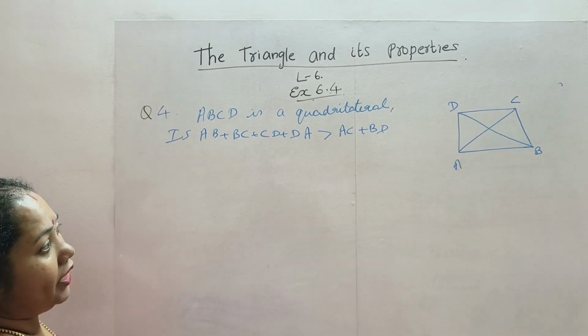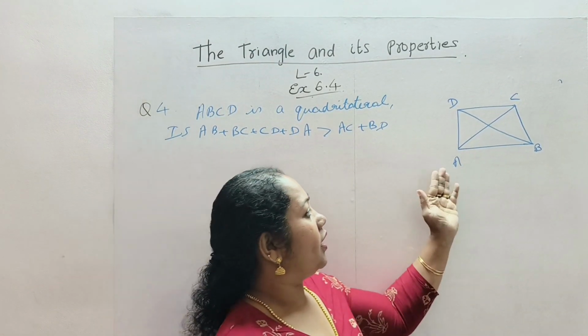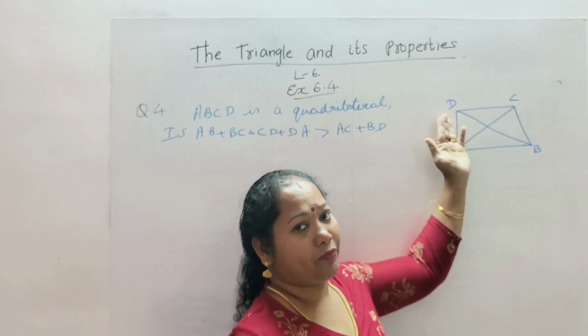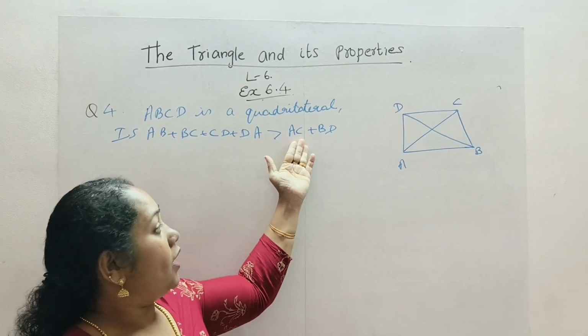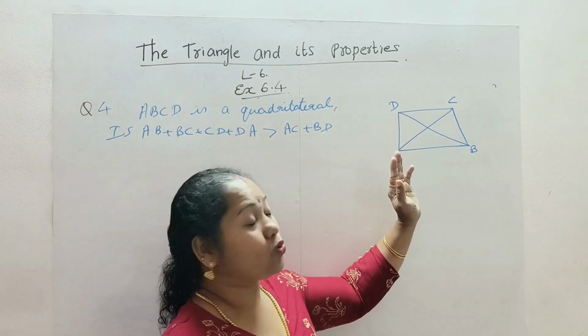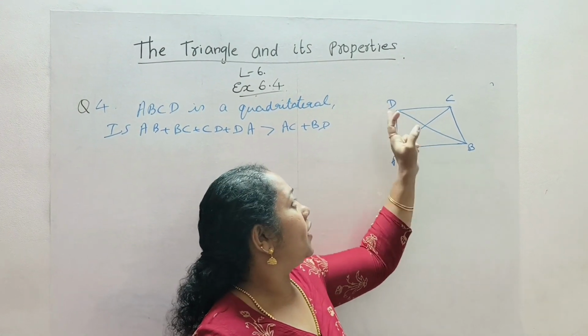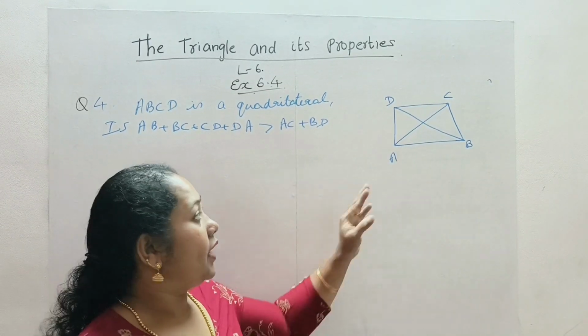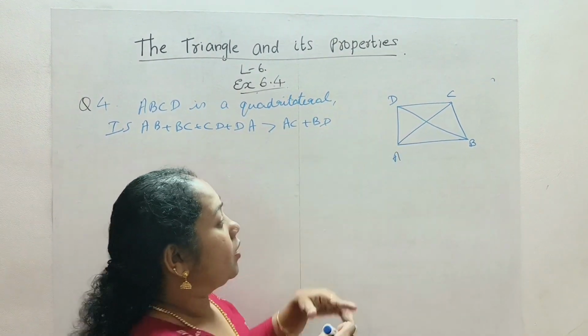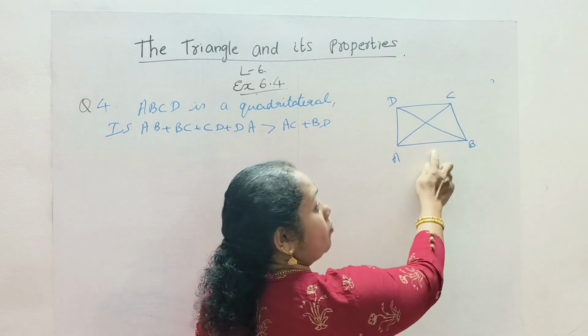That is in triangle. First we have to consider this triangle ABD, because we have to take AC and BD. So we have to consider these two triangles: one is ABD and the other one is ABC, two triangles with a common base AB.